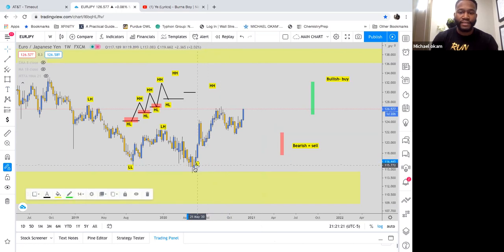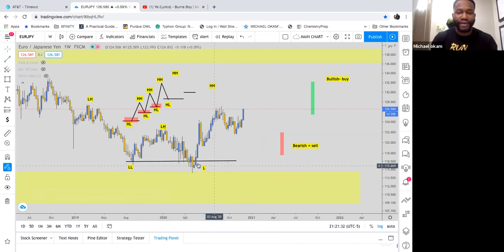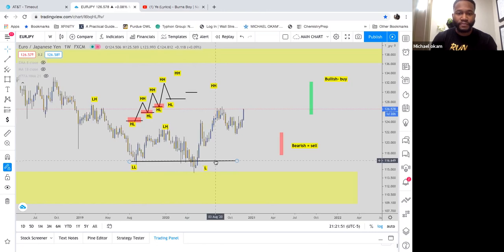We can say this is a low because it's on the same support. We can say this is a low because we're literally on the same support, right? So it's fair to say that all these candles right here are the same as these candles. They're all testing this support area, right? So this low right here is not lower than this low. They're all the same, correct? Because we're all testing this random support line that I drew, okay?